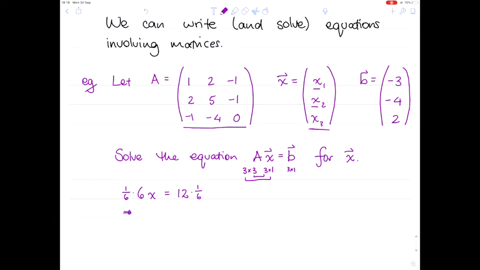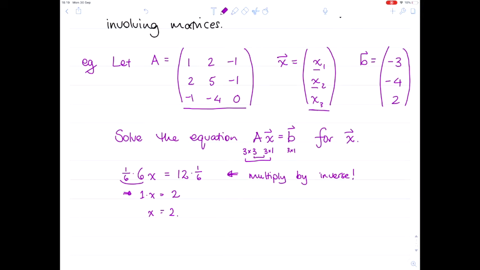As a result, you get 1 times x, which is equal to 12 times 1 over 6, which is 2, so x is equal to 2. Although you think about it as dividing through, if you remember way back when you did this for the first time, you're actually multiplying by the inverse.